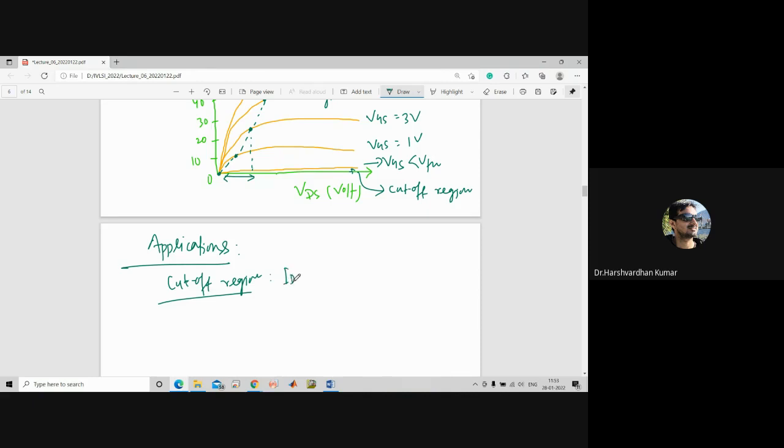ID is equal to, yes, 0 ampere, right? So it means that the device is off, right? When there is no current flow from the device, then the device is in off state.